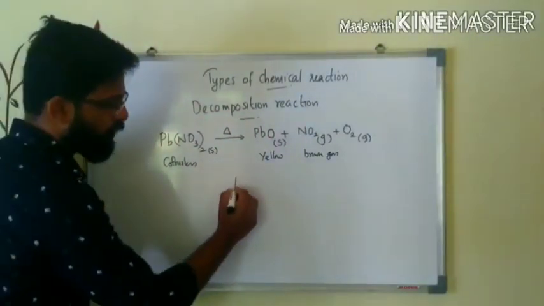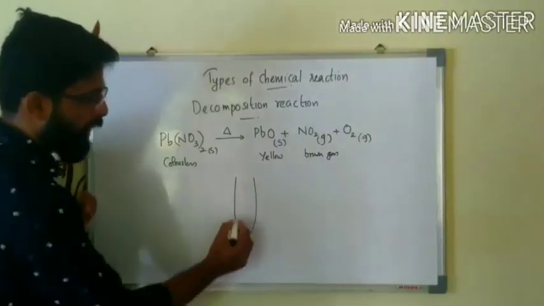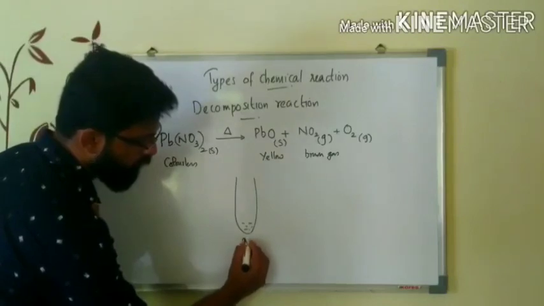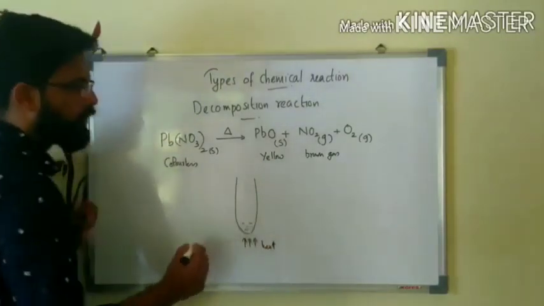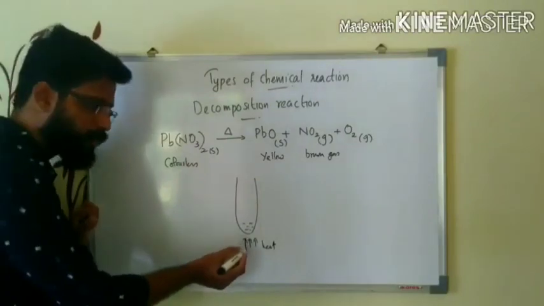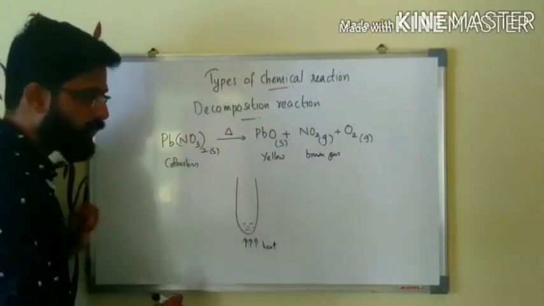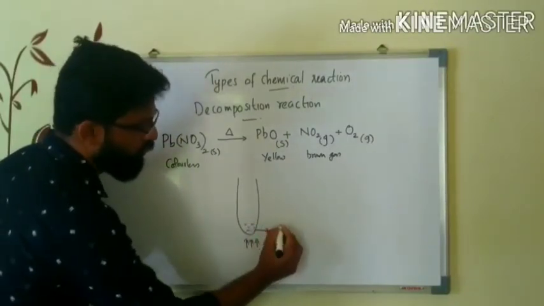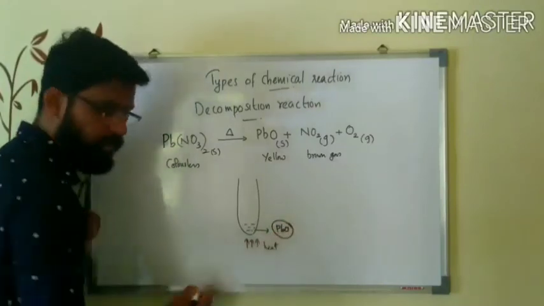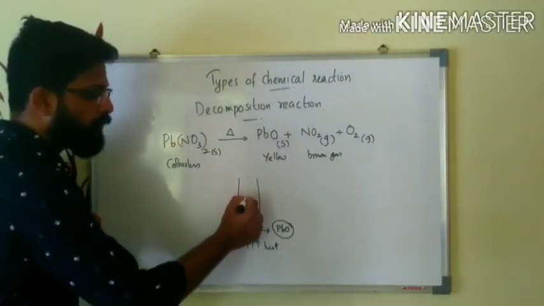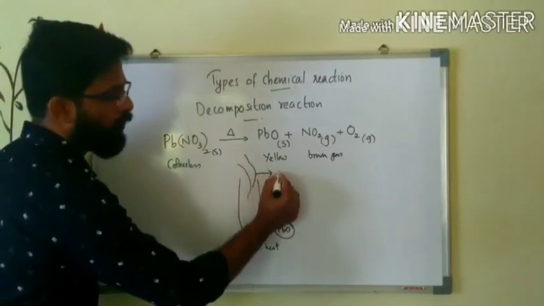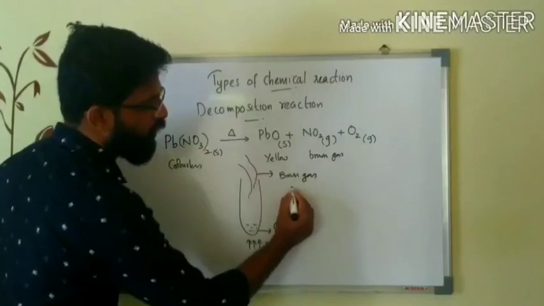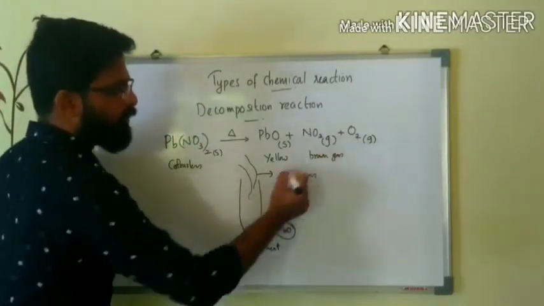That means if you take a test tube, add some lead nitrate into it and heat it strongly, it absorbs heat energy, and a yellow substance, lead oxide, will be formed. Again, you can observe a brown gas, NO2, evolving out, along with oxygen.